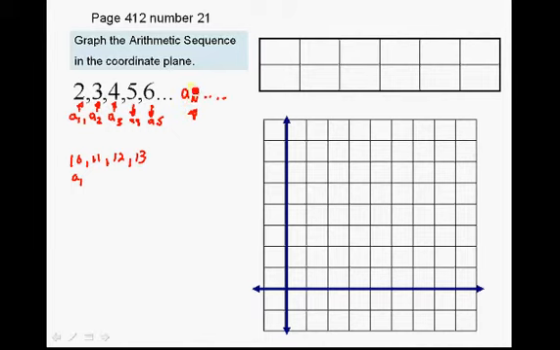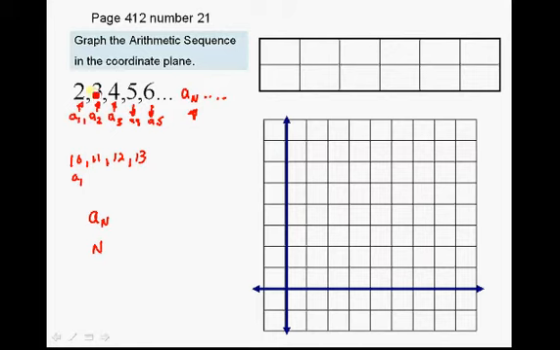Okay, so now we kind of have an understanding of these. We're dealing with a sub n, and then the actual variable itself is n. And what we need to do is graph it on a coordinate plane. The nice thing is you only have to find two numbers.